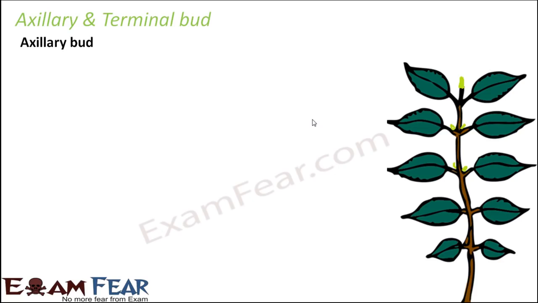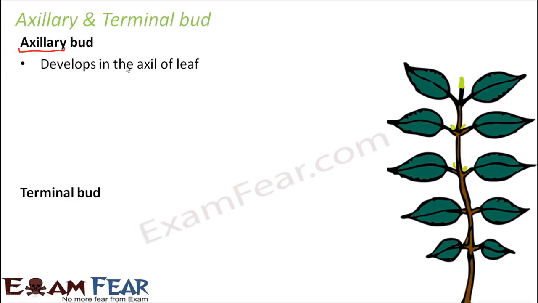When I say axillary bud and terminal bud, what do the names suggest? Axillary bud, the term axillary is derived from the word axil. So it is that bud which develops in the axil of a leaf. So if you look at this figure, this is the leaf. So this is the axil of the leaf.